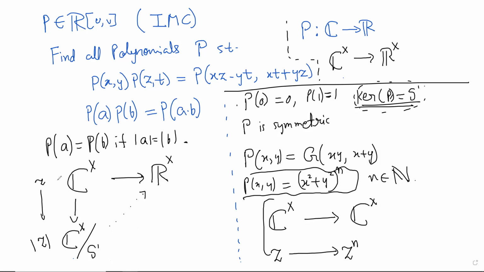Yes, because that's a natural function, right? From C cross to... You're right. But okay, how do I say it?